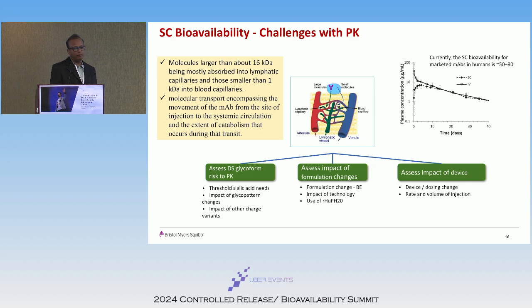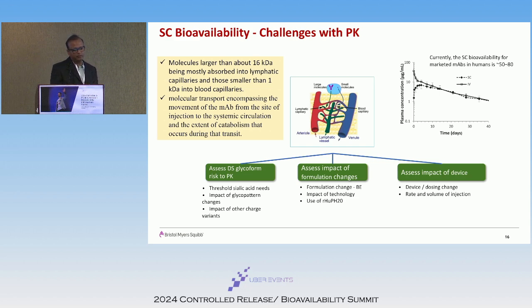So as we go from preclinical, from phase 1 to phase 3, during the development phase, as we change some of the attributes like the drug substance, the drug product formulation, or the device, we need to ensure comparability by doing preclinical or clinical studies.